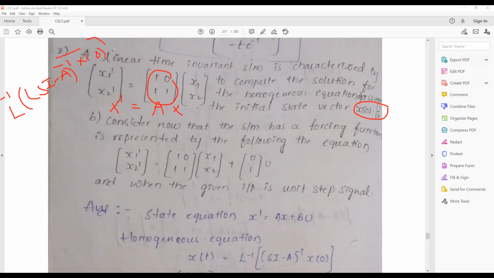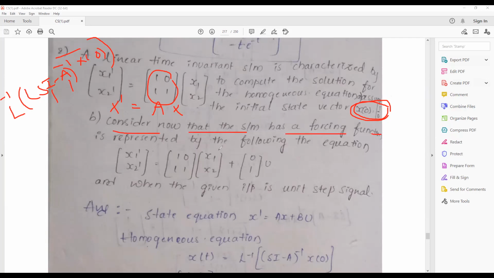A is a 2 by 2 matrix, so the identity matrix is also 2 by 2. What is x of 0? It is 1 0.